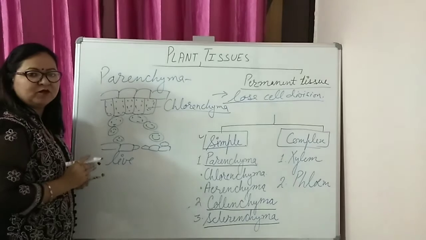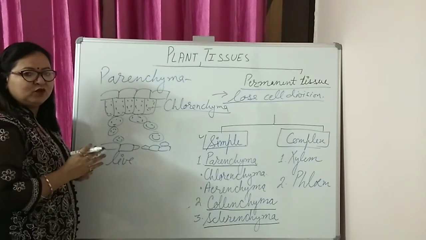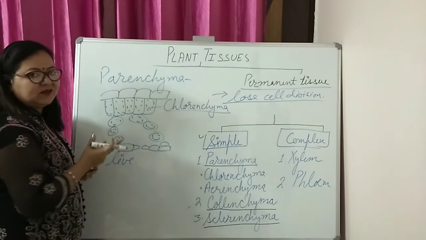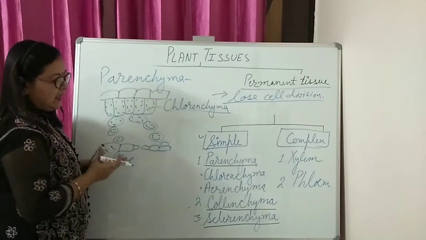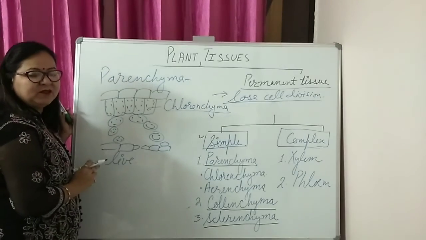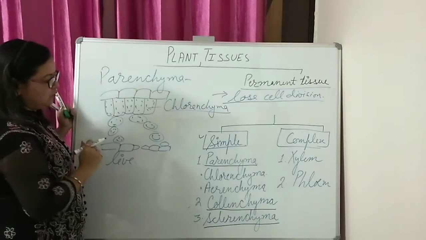So if we talk about the function of parenchyma, they mainly work as a ground tissue to fill the space inside the plants. Second, they help in the storage of food, and a specific function, when they have chloroplast, they help in the process of photosynthesis and the formation of food.